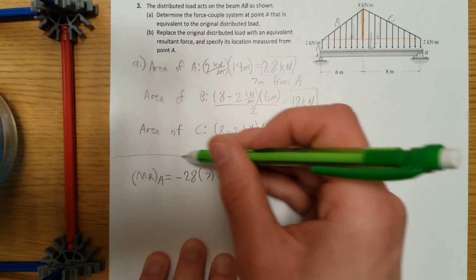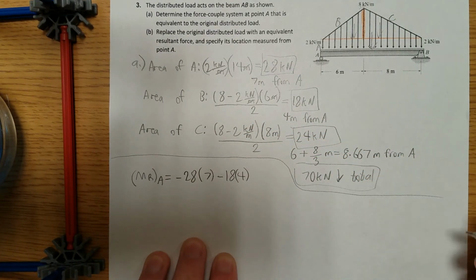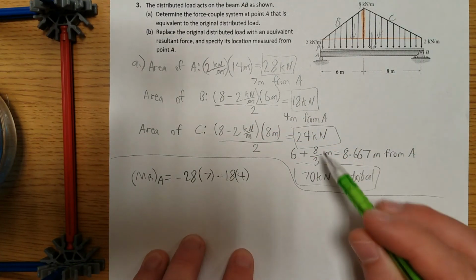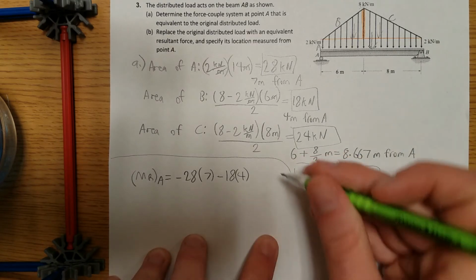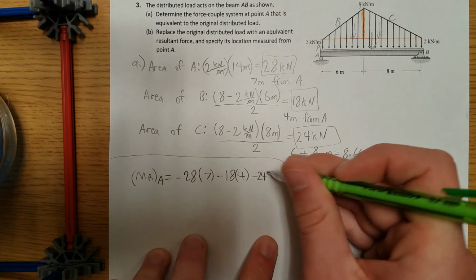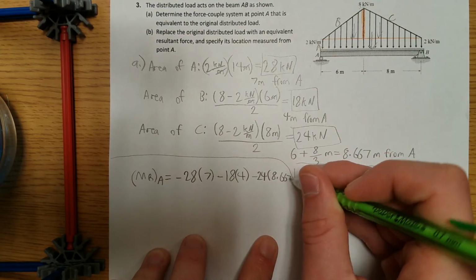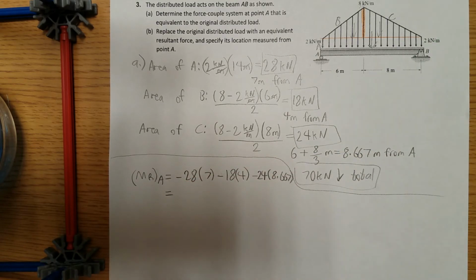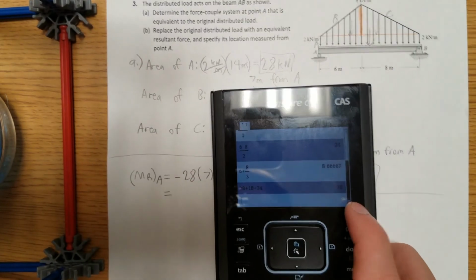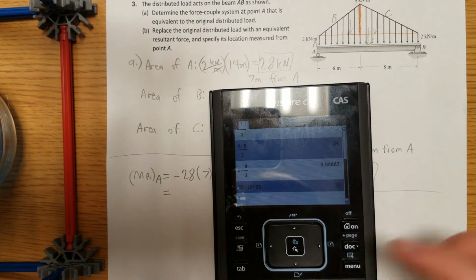And then I'm going to draw a little separating line here to clarify a little bit more. We've got our 24 that's acting at 8.667. So again, we'll take minus 24 times 8.667. And when we add these all up, that'll give us what our moment is, or our force couple system.